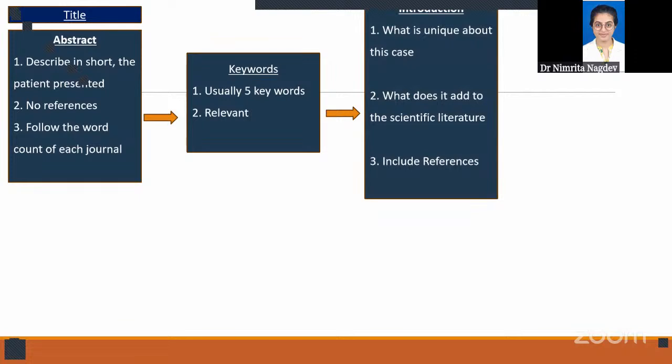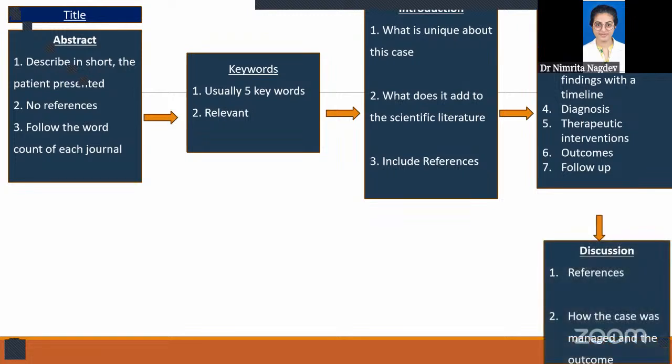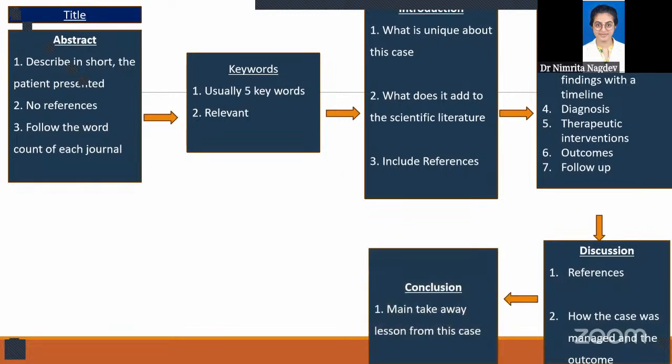Then introduction: what is unique about this case, and you can include various references. And then the main case report describing the symptoms, any interventions, clinical findings, any diagnostic therapy which was done, and what was the outcome and follow-up. Then discussion includes various references, and conclusion: what is the main take-home message from this case.